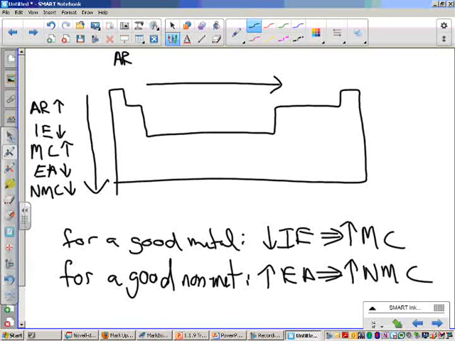What's going to happen? What happens to the pull as we move to the right? It increases because there's more protons. If there's a greater pull, what's that going to do to that outer orbit? Make it smaller. So as we move right across the periodic table, the atomic radius actually decreases.